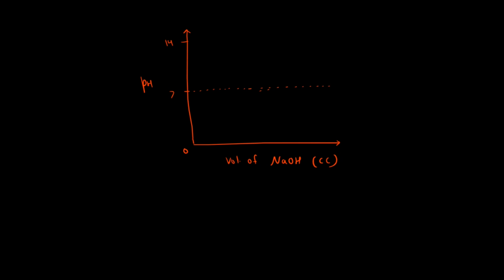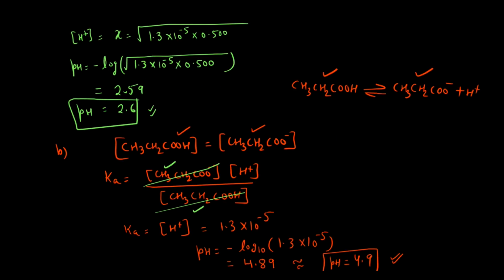Now the pH of this one, propionic acid, is starting pH was 2.6, so we will start from 2.6, and they say that half of the propionic acid has been converted into propionate ion, and that pH is 4.9.